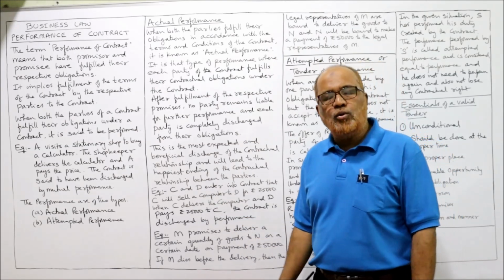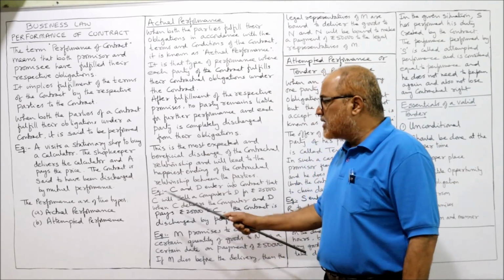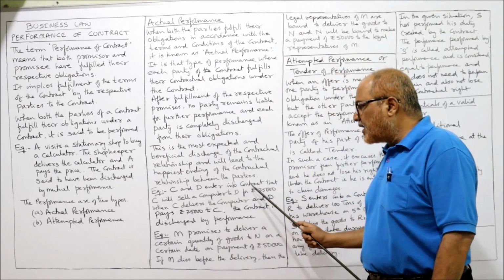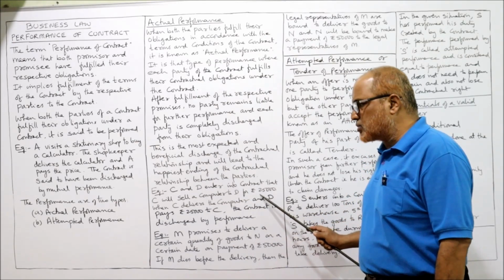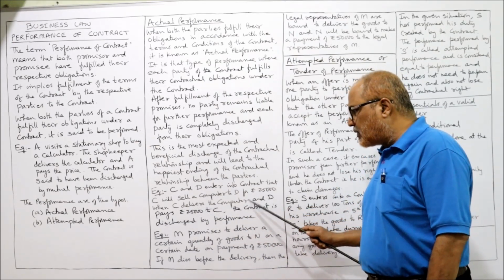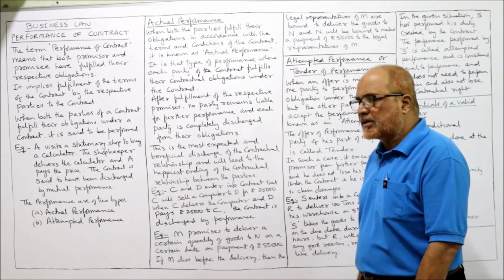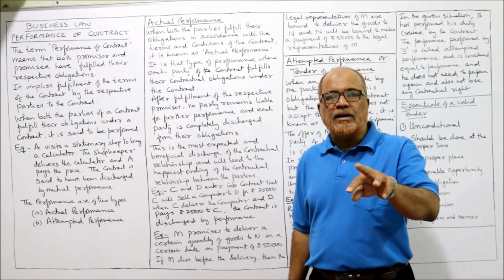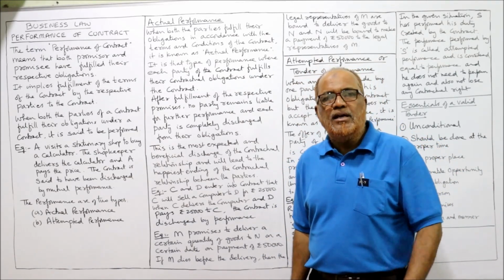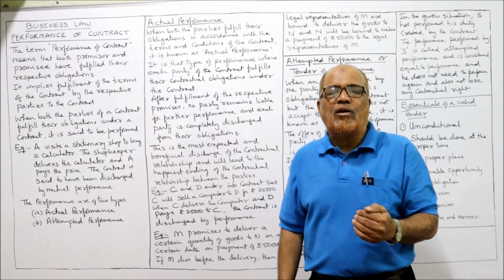Here, I am going to give you one or two examples about actual performance. C and D enter into a contract that C will sell a computer to D for rupees 25,000. When C delivers the computer and D pays 25,000 to C, the contract is discharged by the performance, just like the previous case. Here C wants to purchase a computer and D is the seller of the computer.